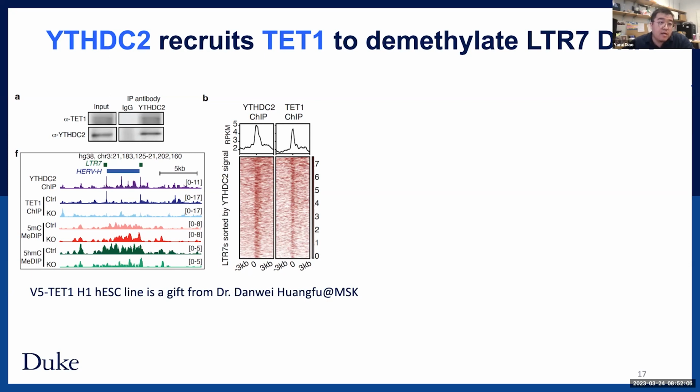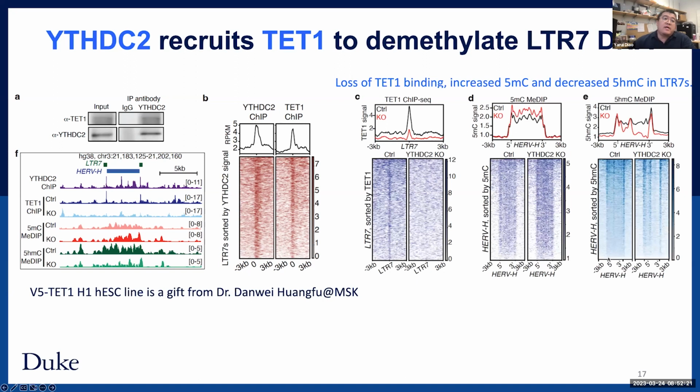We obtained the TET1 human ESC line from Danwei Huangfu's lab, in which Danwei knocked a V5 tag into the endogenous TET1 locus. And most importantly, when we compare the binding of TET1 in wild-type and YTHDC2 knockout human ESCs, we found that depletion of YTHDC2 leads to loss of TET1 binding on LTR7 sequences.